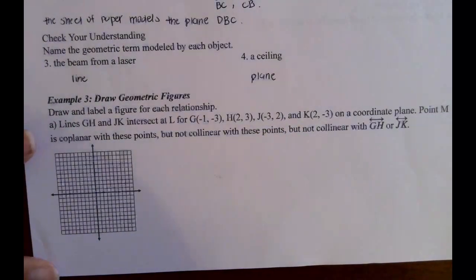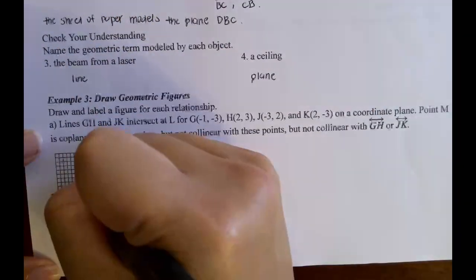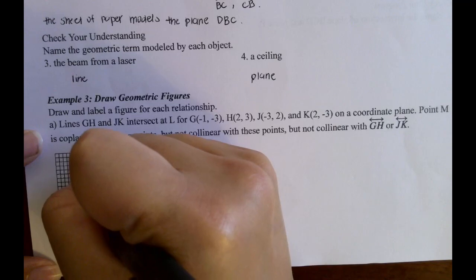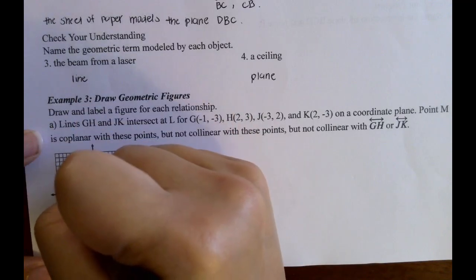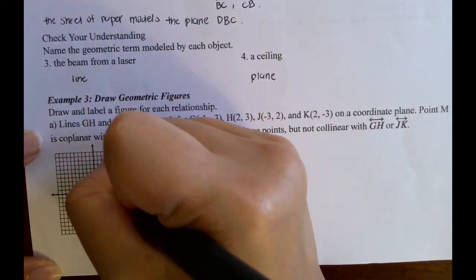So let's draw those points first. G is at -1, -3. Label it G. H is at 2, 3.